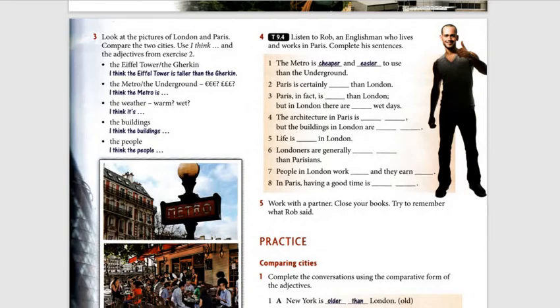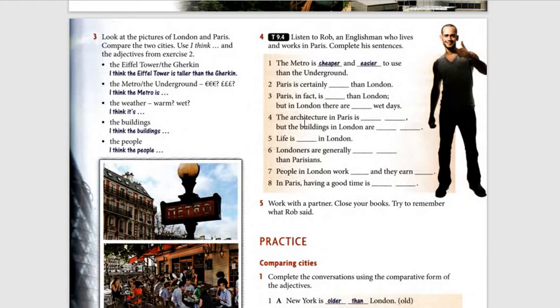Tape script 9.4. Well, I like both London and Paris, but they're very different cities. Take transport, for example. The metro is cheaper and easier to use than the underground. And the weather, well, Paris is certainly hotter than London. And Paris, in fact, is wetter than London. But in London there are more wet days. What about the buildings?